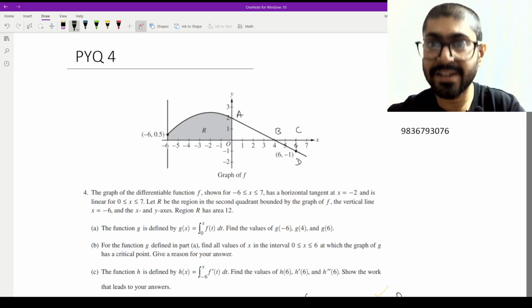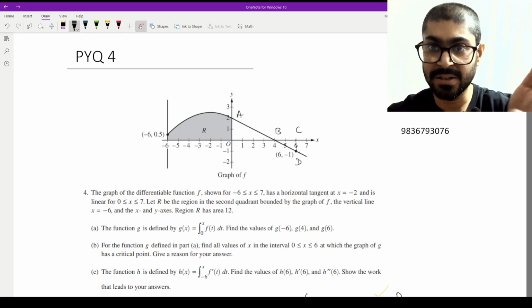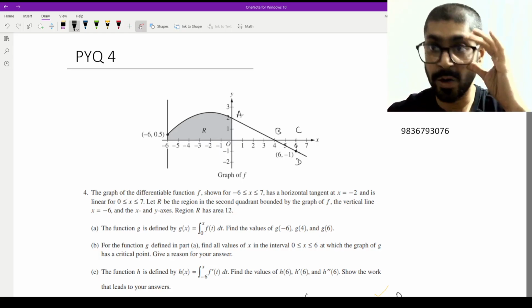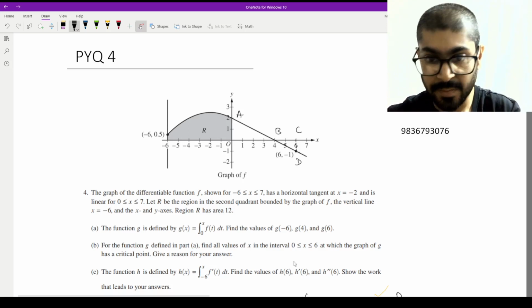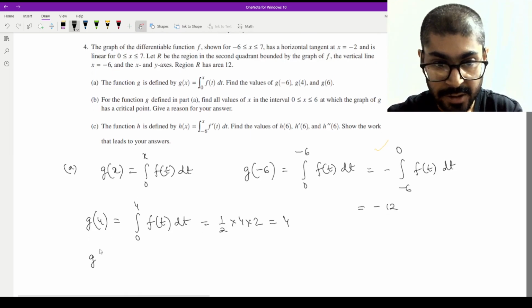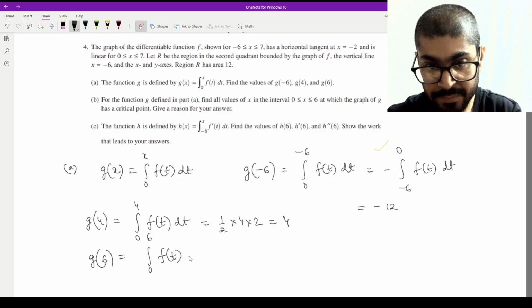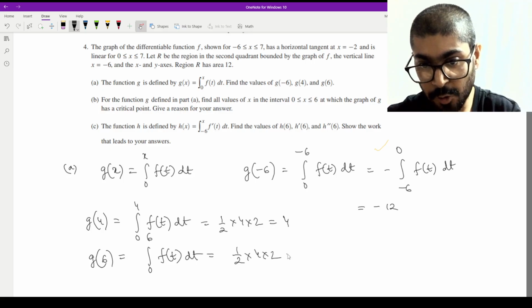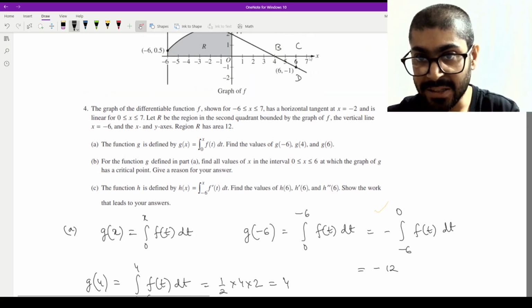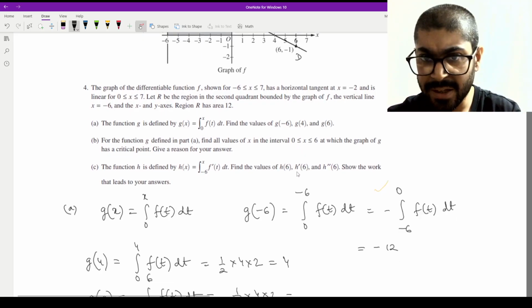Now we will not add the areas because one is on the positive side of the x-axis, the other is on the negative side, which means the other one, triangle BCD, is in quadrant 4. So we will subtract it. So g of 6 is basically the integral from 0 to 6 of f(t) dt, which is this g of 4 again. This triangle I am writing again, half into 4 into 2, and minus again BCD is a right angle triangle, so minus 1 will be the value there.